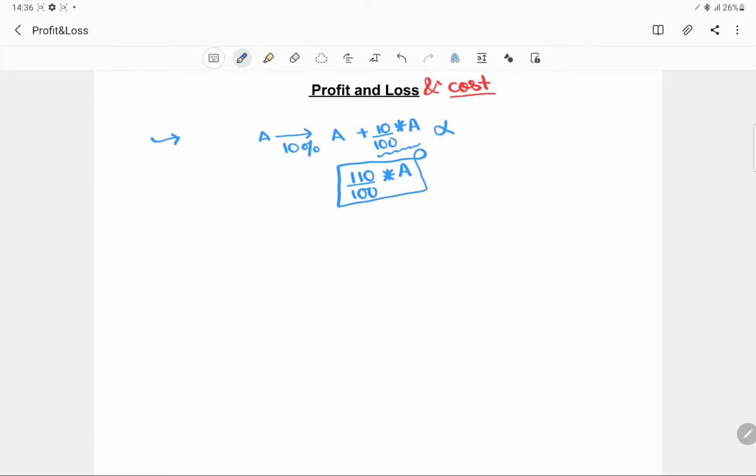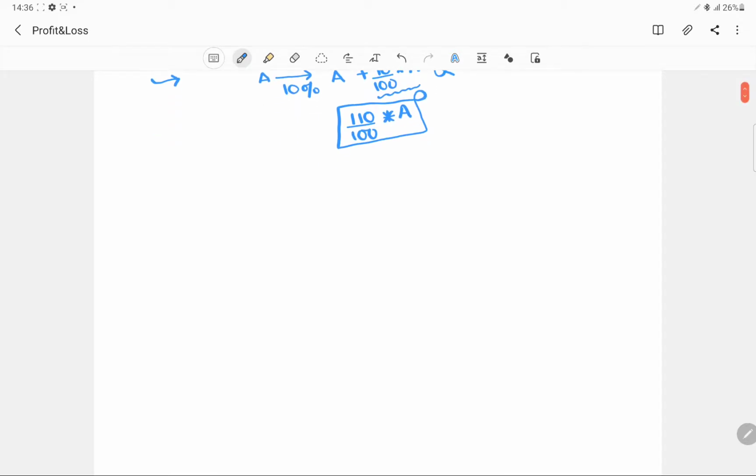Now why this is useful is because, for instance, say Ram had rupees x, and he ended up spending 30% of it. So how much he was left with was 70% of the initial amount. So this was his saving. Then they will say he spent 30% of the remaining amount, so that would be 70 upon 100 into x.